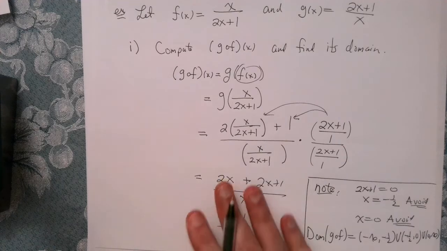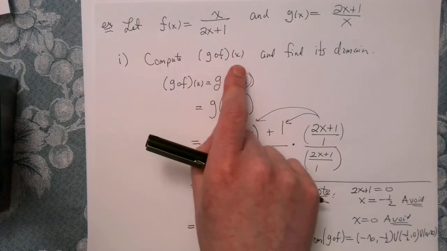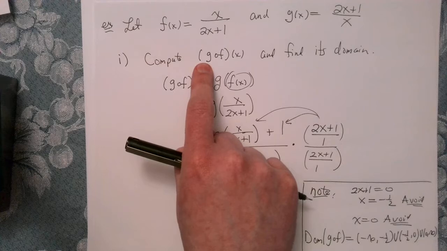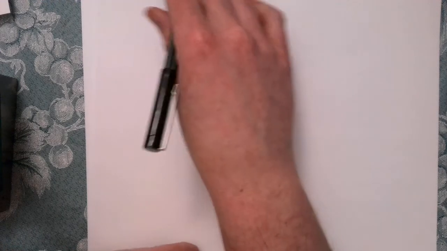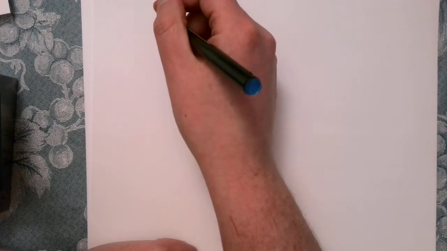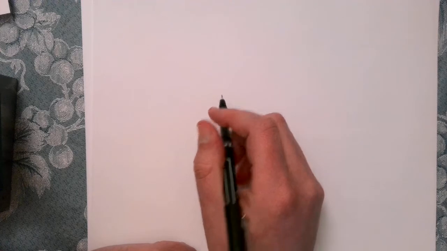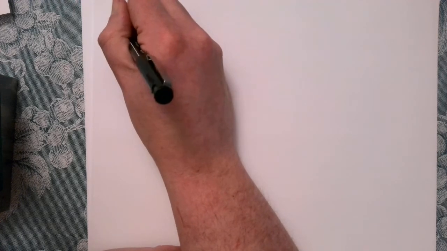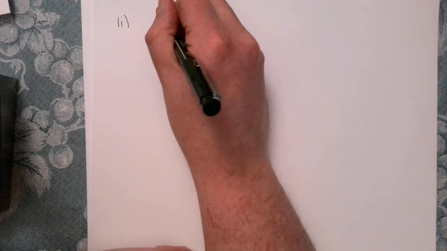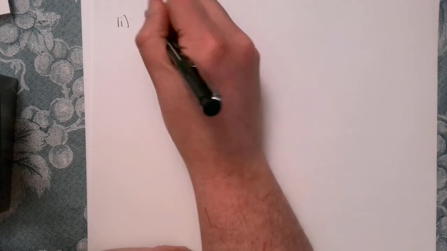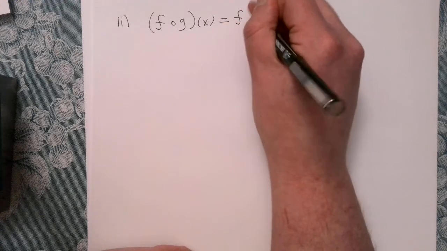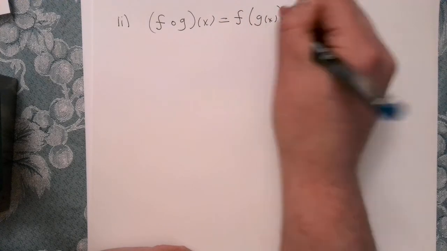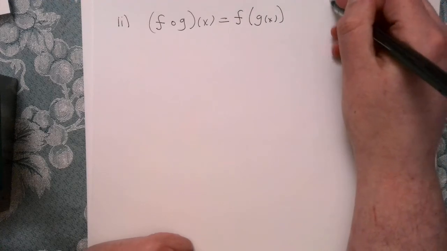Okay, so let's look at the opposite composition. Let's look at F after G. So this was G after F. Let's do F after G. So F after G, that's exactly F of G of X. But let's recall, if you don't mind.